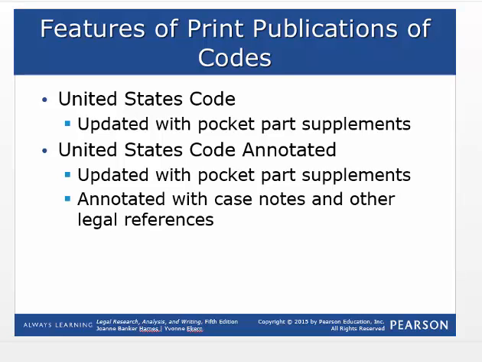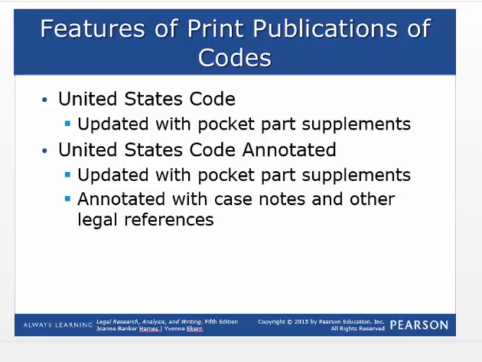The physical books have pocket part supplements, which are really paper pockets, like a file folder, glued to the back of a book, a very small one, into which you slip supplements or new laws or amended laws. We call them pocket parts, and that's just historically what they've been called.